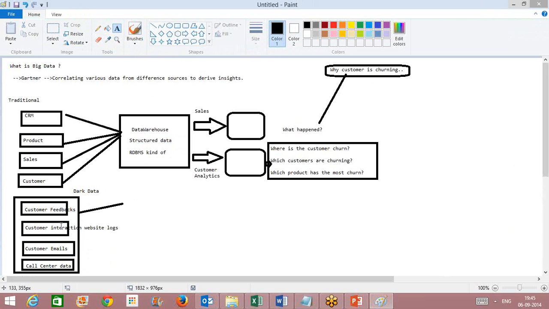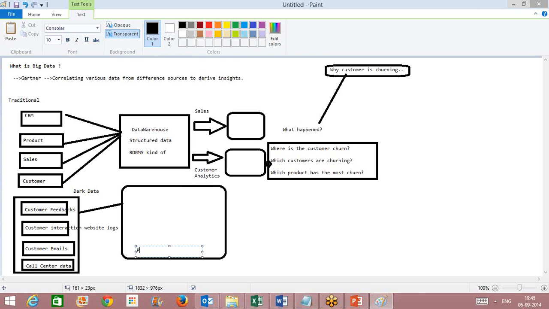So what you need is to bring all this unstructured data. You need a system or a platform which is able to process unstructured data, a platform to process dark data, and that's where big data comes into play.